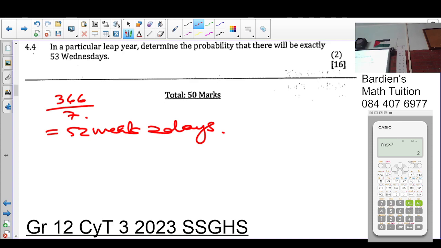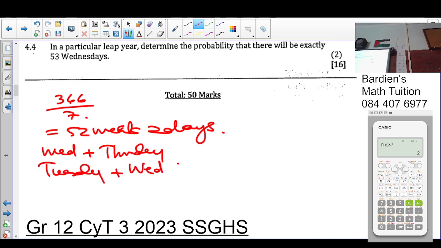So if you start on a Wednesday, you end on a Thursday. That's one option, those are the 2 days you could have had extra. Or you can start on a Tuesday and end on the Wednesday.